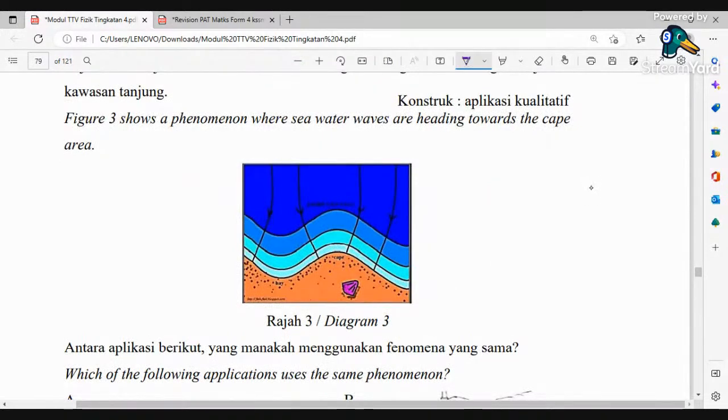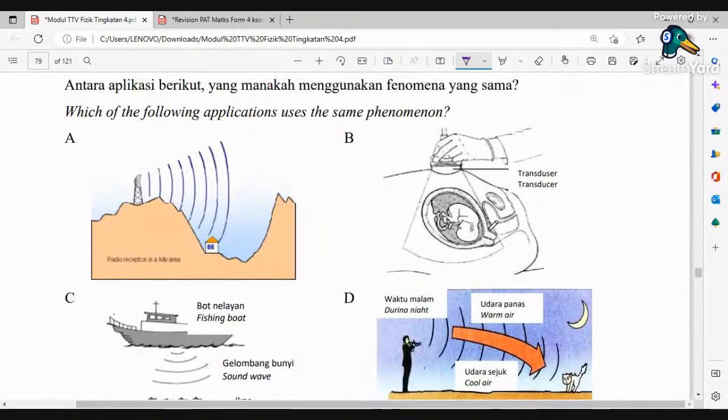This one is refraction. A: waves can spread behind an obstacle, so this is diffraction.